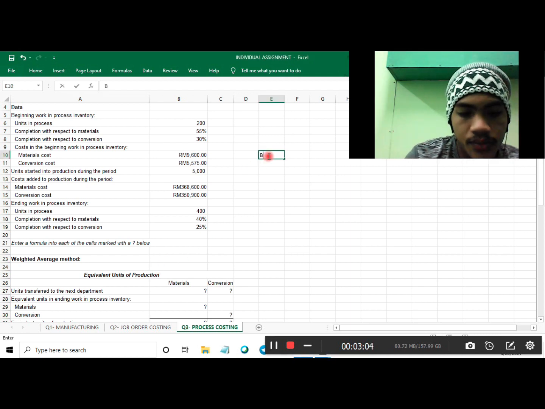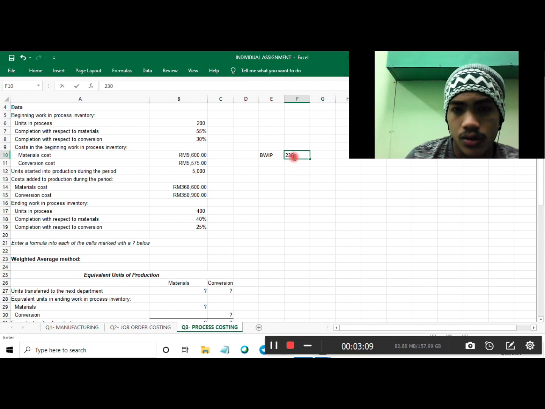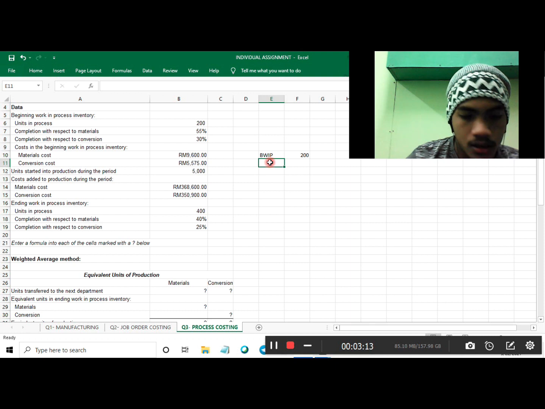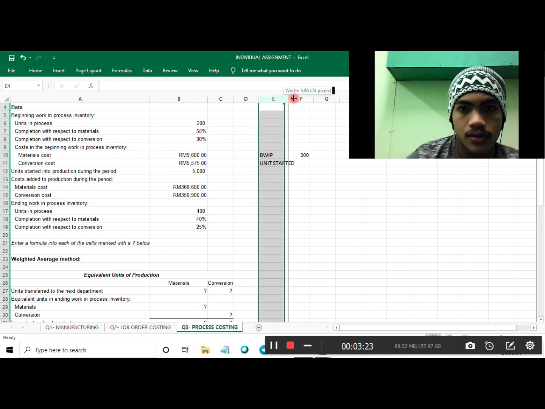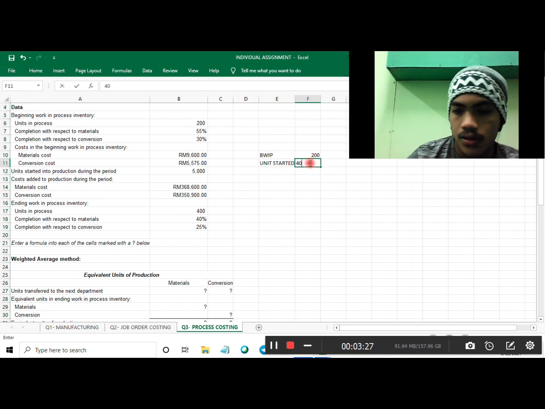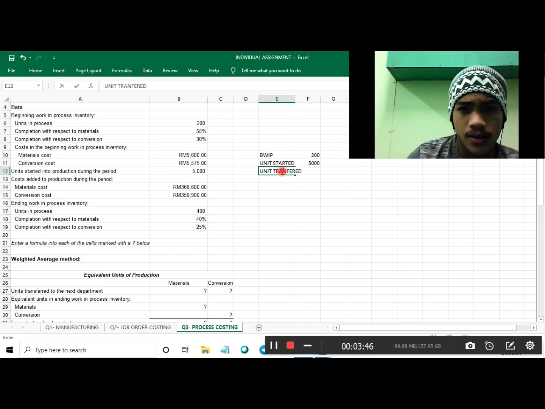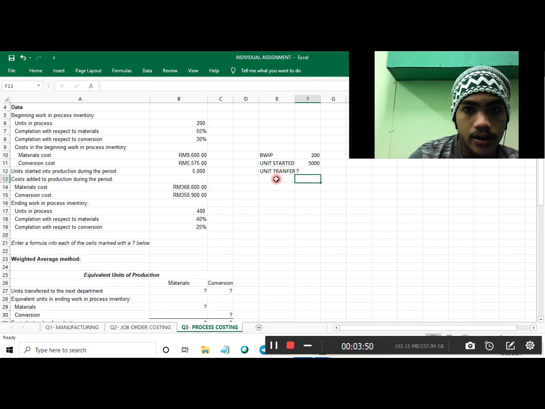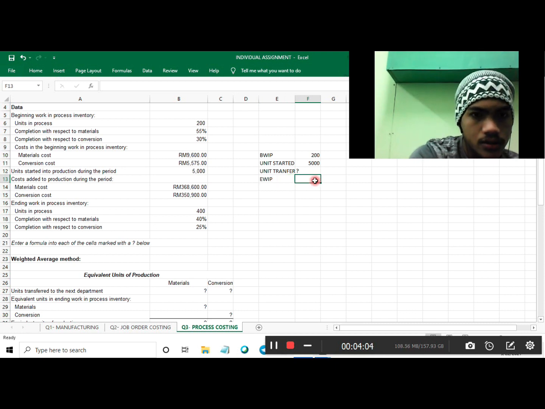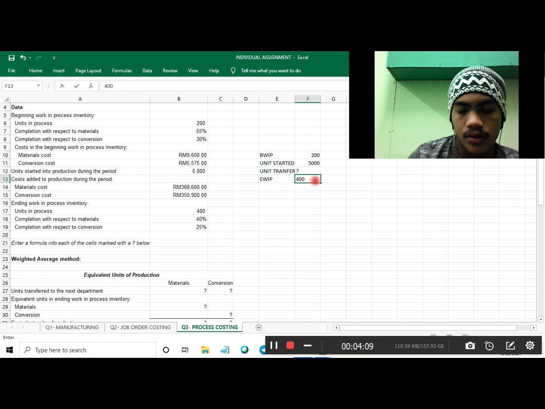So beginning WIP 200, and then units started 5,000, and then units transferred, and then ending WIP 400.